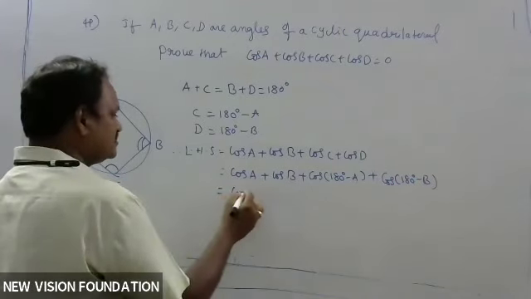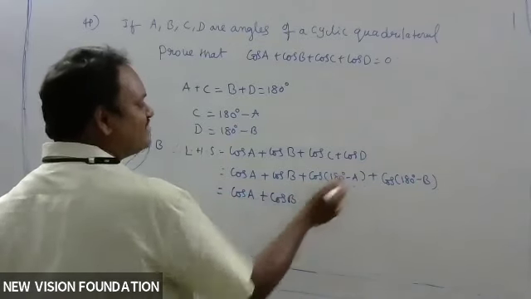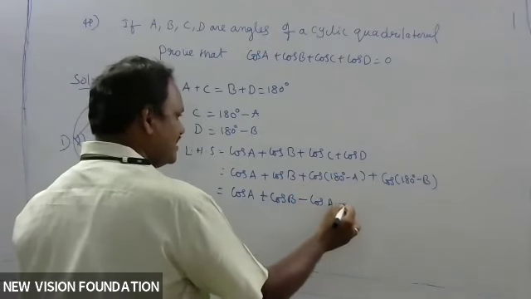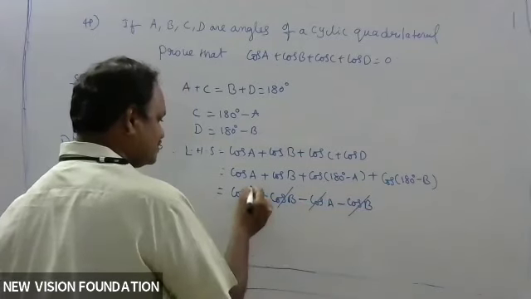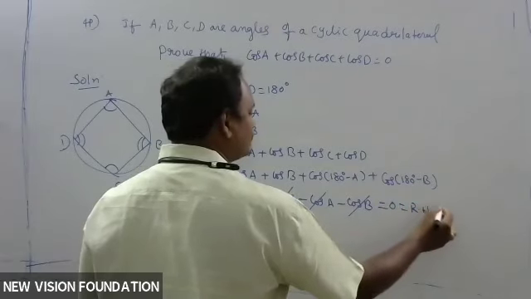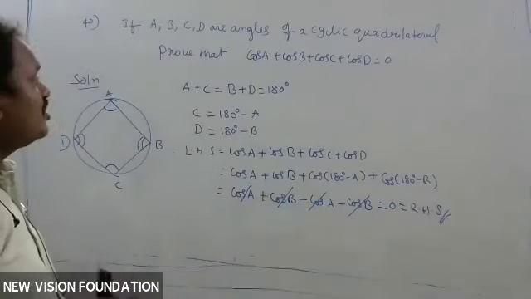Now you know that this is cos A plus cos B. And cos of 180 minus theta is in the second quadrant, therefore this becomes minus cos A and this becomes minus cos B. Minus cos B plus cos B, minus cos A plus cos A, and this becomes 0. In this way we can prove this particular problem. My dear students, please observe, this is a very important problem.